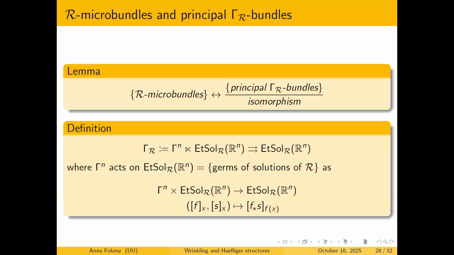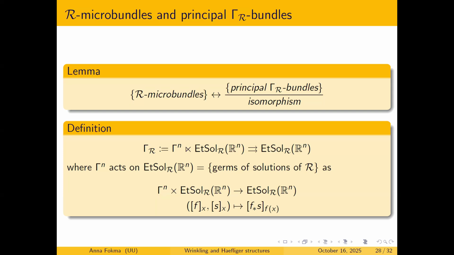I think if you don't have a local model, it's quite a horrible space because then you get all solutions, of which there could be many. Because gamma n somehow homologically is the same as Diff of Rn.